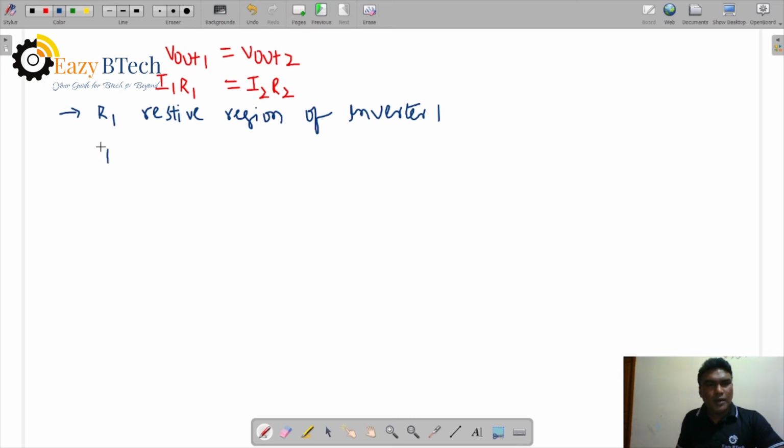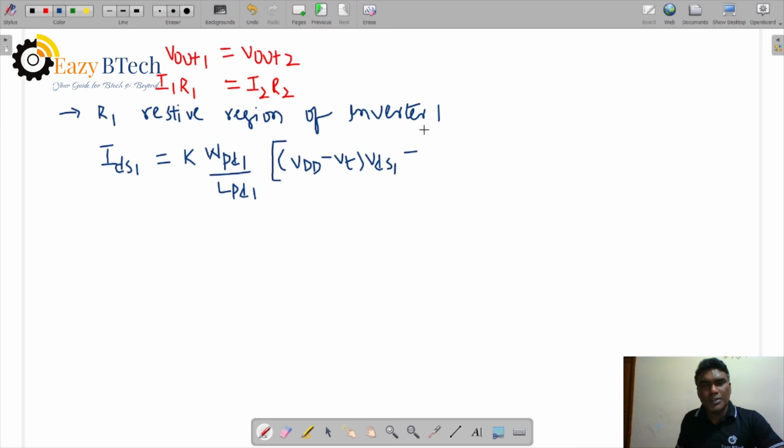Let us write the current equation, IDS1, the drain to source current of the enhancement mode transistor. So K into W pull down 1 by length pull down 1 of the first inverter, and the input is VGS minus VT, where VGS is equal to VDD minus VT, into VDS1 minus VDS1 squared by 2.